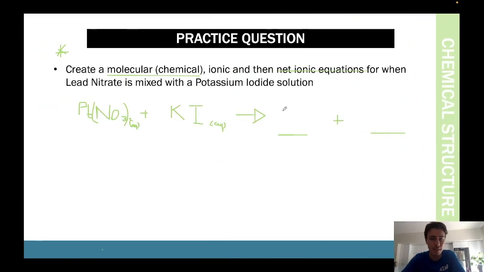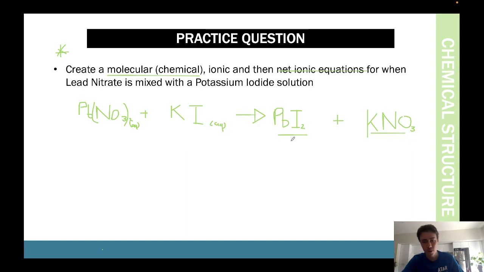All right, let's go through and do this one now. So we have Pb, which was 2 plus, and we have iodide, which is -1, so that's now going to be 2. We then also have K, or potassium, nitrate, which is +1, -1, so that's just going to be nothing else on there.